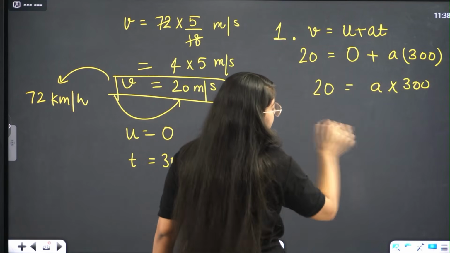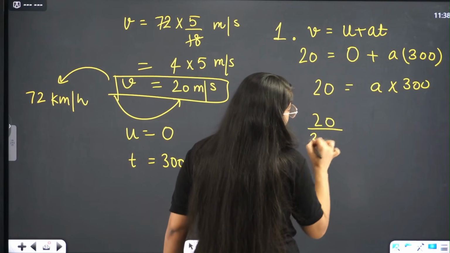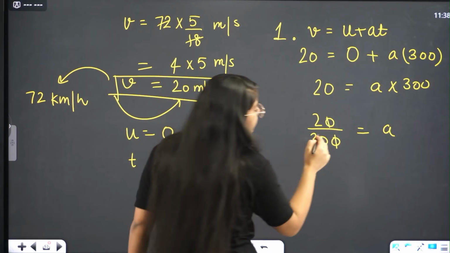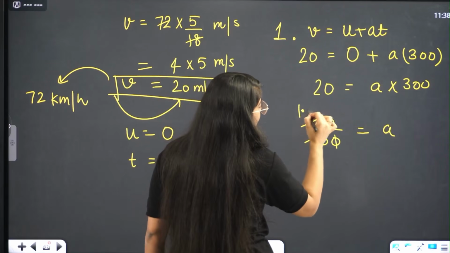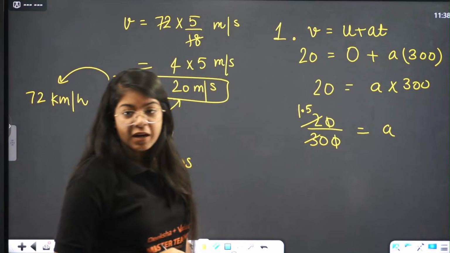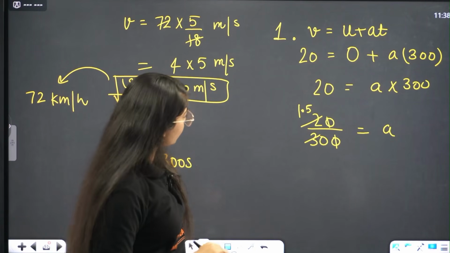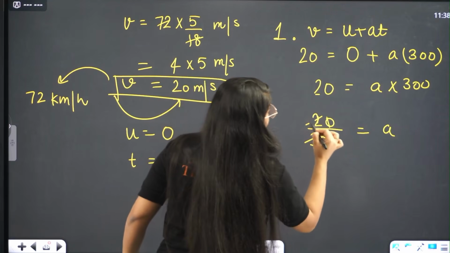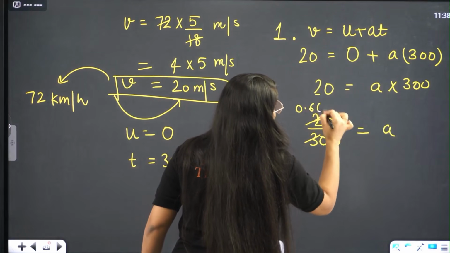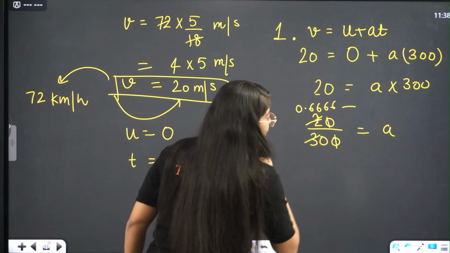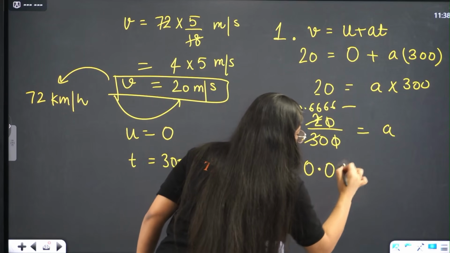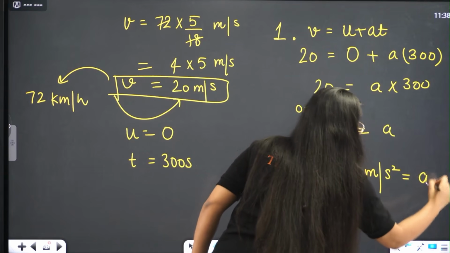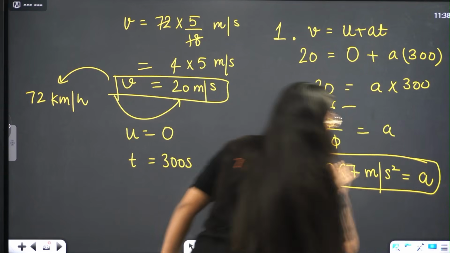This is in multiply, I'll take this in divide, 20 divided by 300 and that will be A. This cancels out, so this becomes 0.6666, and there is one more 0, so this becomes 0.067 meter per second square, and that is my acceleration.